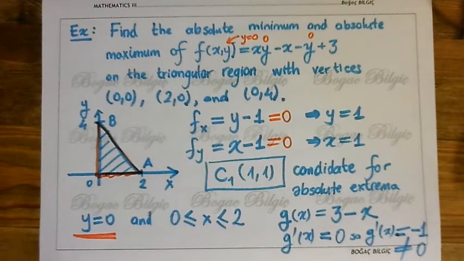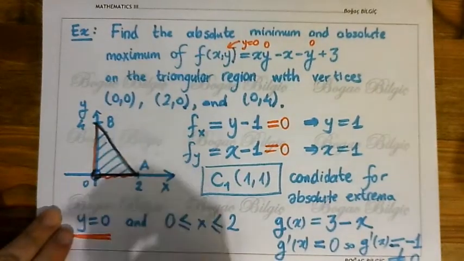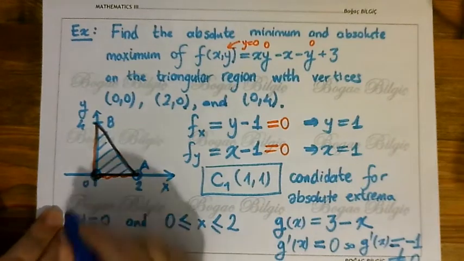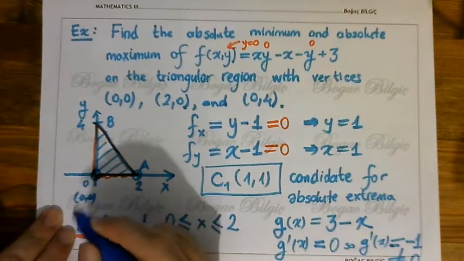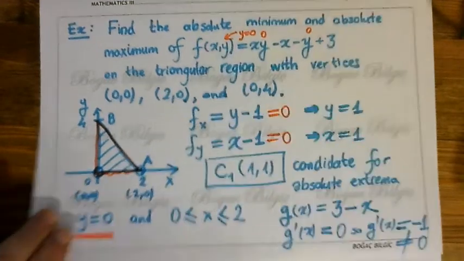There is no critical point in the interval. We should evaluate g function both at critical points and at the endpoints. Endpoints are these points: (0, 0) and (2, 0).